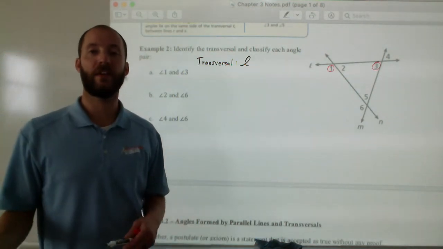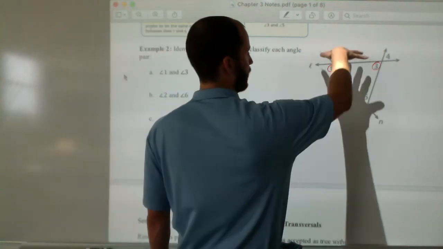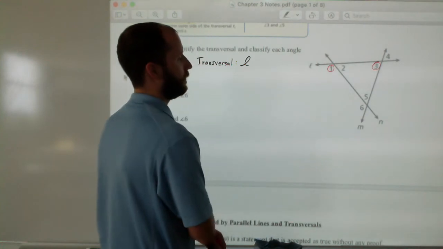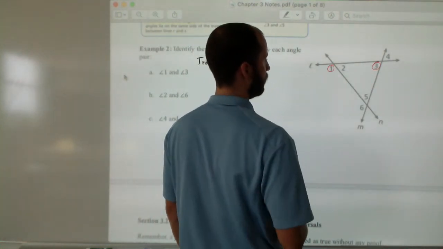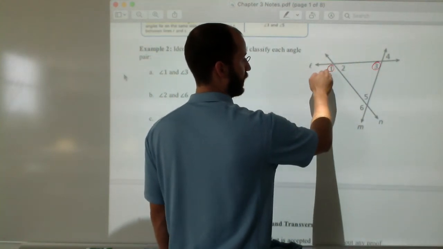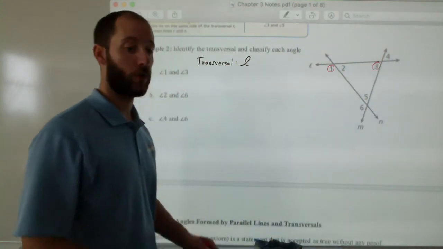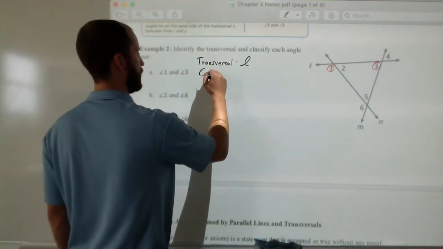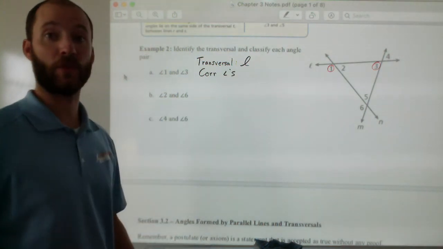Corresponding, alternate interior, alternate exterior, same side interior. Well, if I look, they're on the same side of the transversal, but they are not in between lines M and N. Angle 1 is in the bottom left corner of its intersection. Angle 3 is also in the bottom left corner. So these would be corresponding angles. They're in the same location as each other.